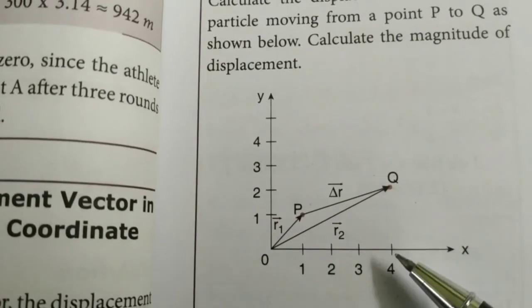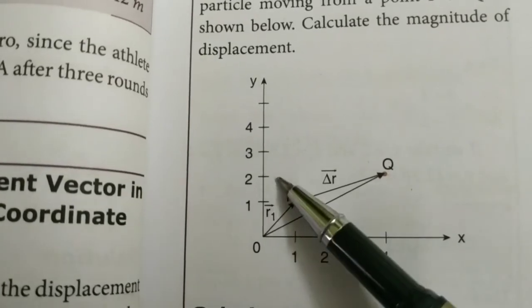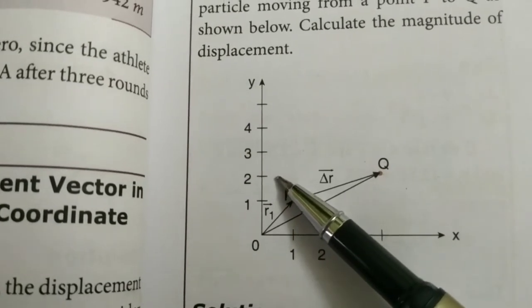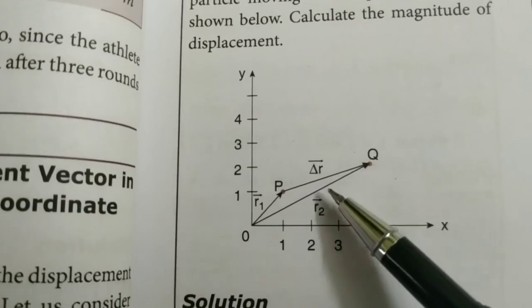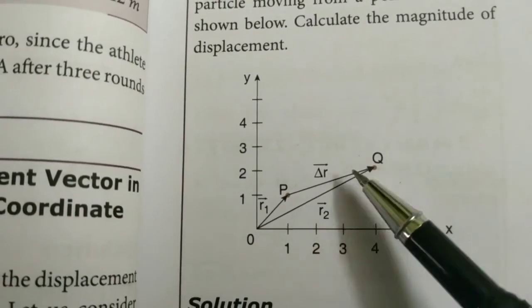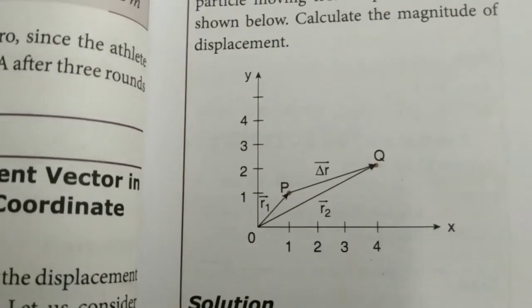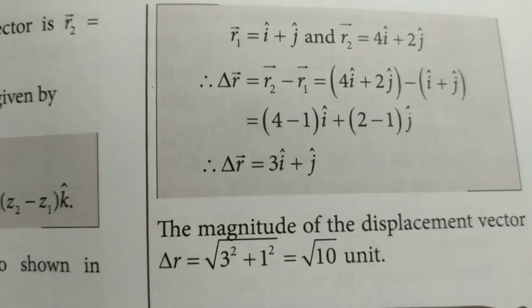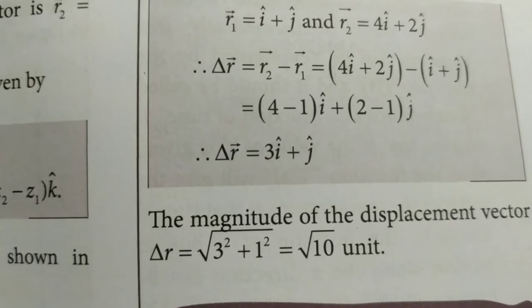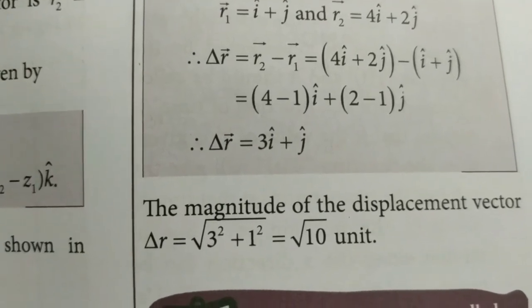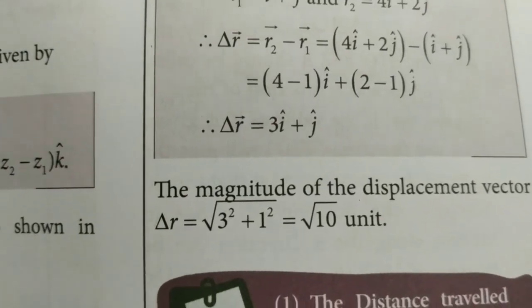So we can write R2 vector as 4 i cap plus 2 j cap. Then we simply subtract these two. Delta R vector is equal to R2 vector minus R1 vector. Simply subtracting, we get delta R vector is equal to 3 i cap plus j cap.